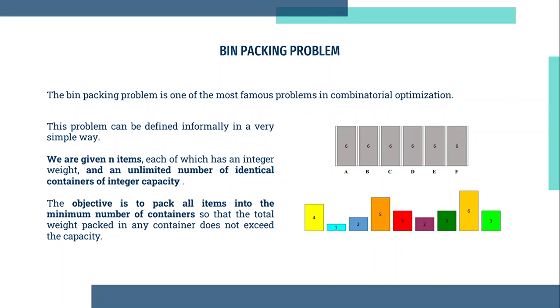Basically, in this problem we have a defined number of items with a specific weight and an unlimited number of containers with a specific capacity. And the objective is to store all the items in the minimum number of containers.